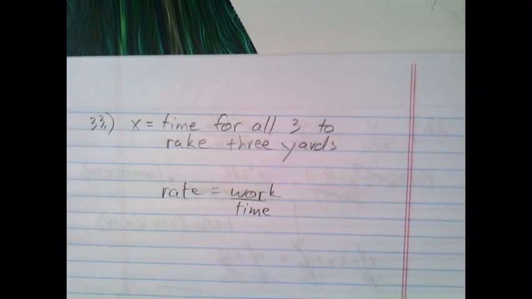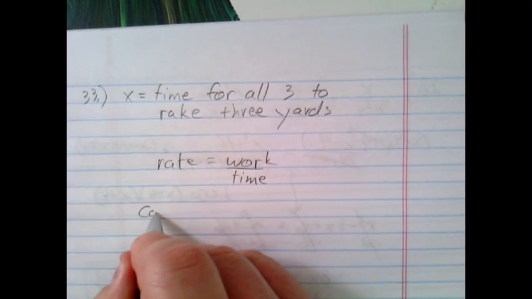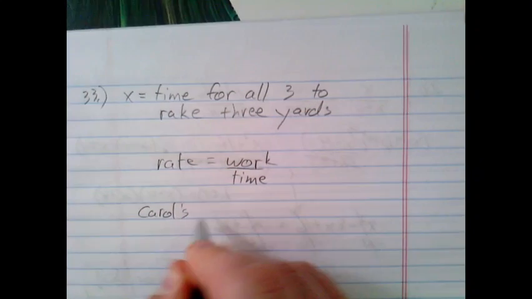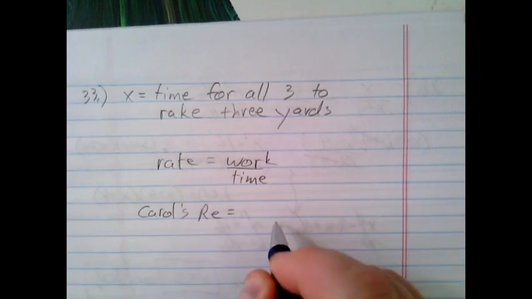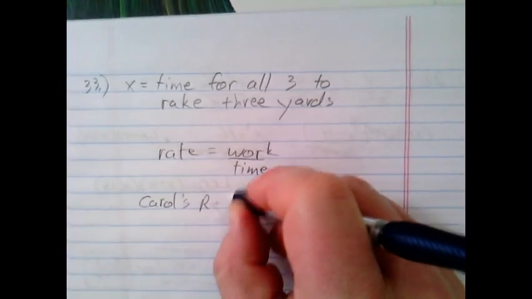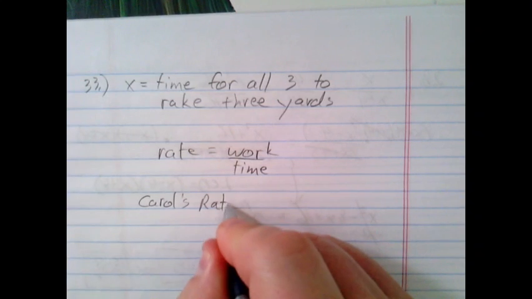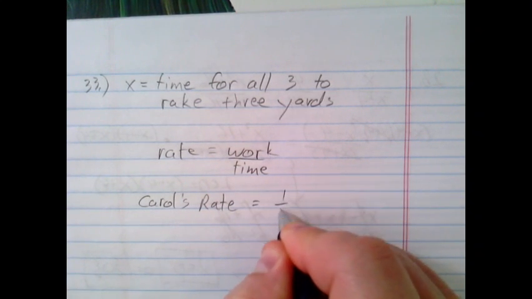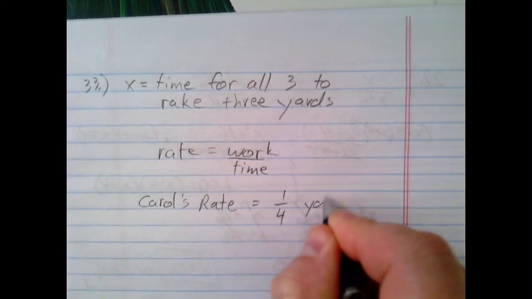So for example, let's start with Carol. Carol can rake her yard in 4 hours. So Carol's rate would be, well, the amount of work is 1 yard, and she takes 4 hours. So her rate would be 1/4 yards per hour.